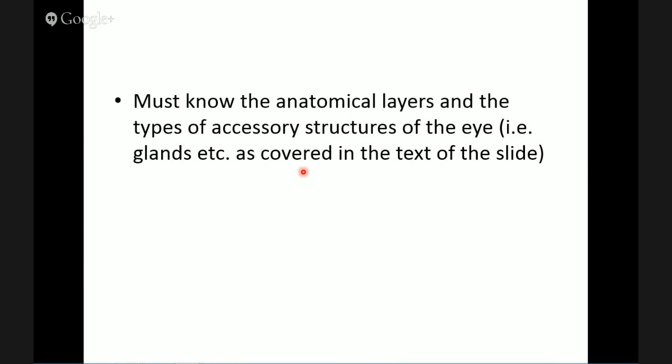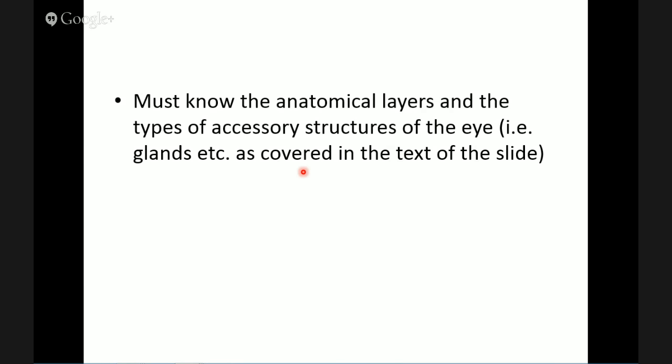You should know, for example, where you might find the different zonules, what chamber it might be located in. And again, you should make sure that you understand the anatomy of the eye that was presented to you in about the first 15 or 16 slides in the first hour that we had last Thursday. So make sure you spend the time going back and reviewing that.